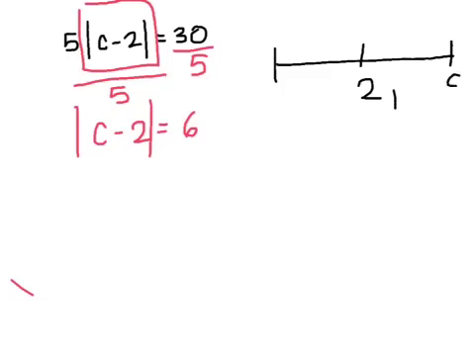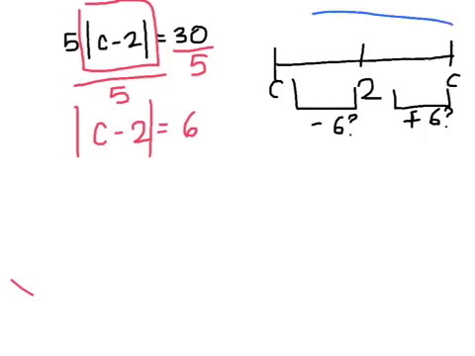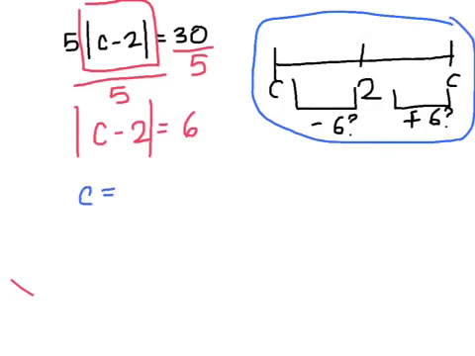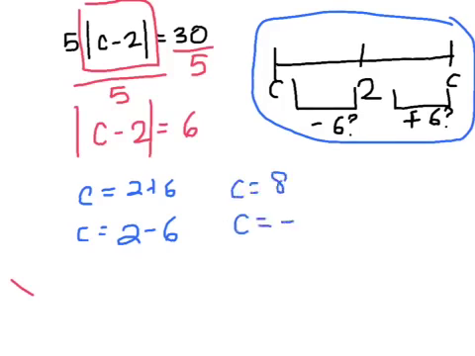So c can either be 6 above 2 or 6 below 2. Looking at this visually really helps me set up the equations I need to solve. I've got c equals 2 plus 6 and c equals 2 minus 6. And so c is going to equal 8, or c will equal negative 4.